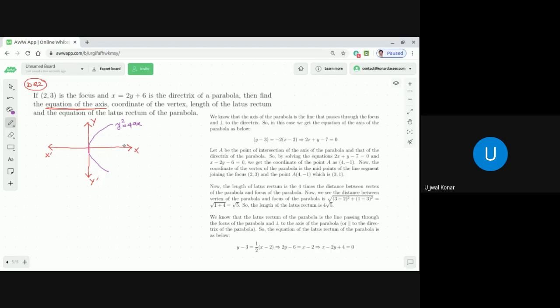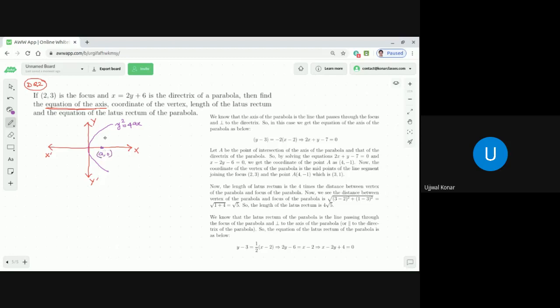Now that x-axis has a property. What is the property? In context to this question, it is the axis of the parabola. Its property is that it is actually passing through the focus. Remember, this is the focus (a, 0).